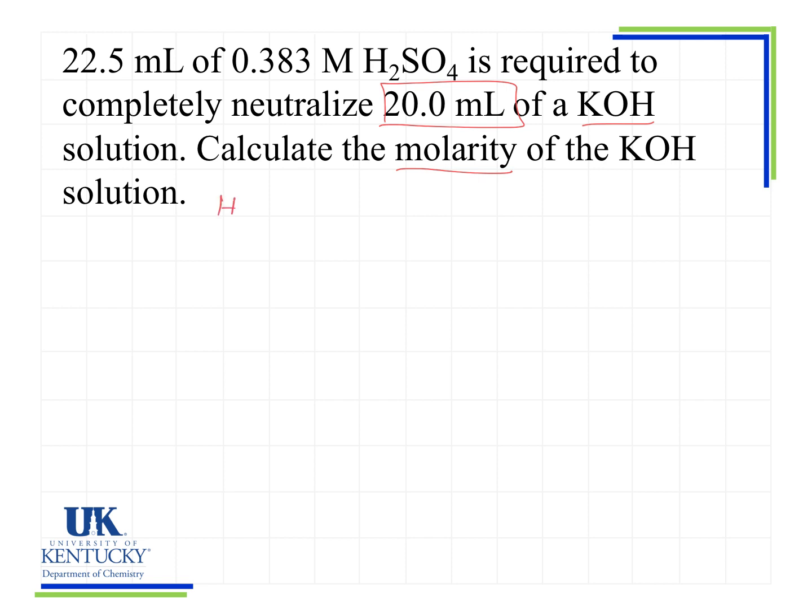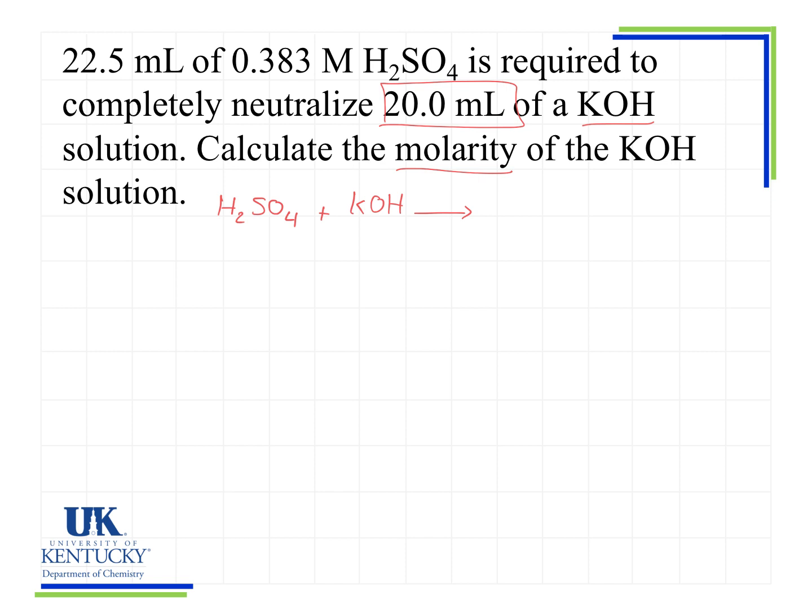So we have sulfuric acid, H2SO4, and we are mixing it with KOH, potassium hydroxide. So it's an acid-base reaction, right? Sulfuric acid is our acid, and potassium hydroxide is a base. So what do we make when we are mixing acid and base?